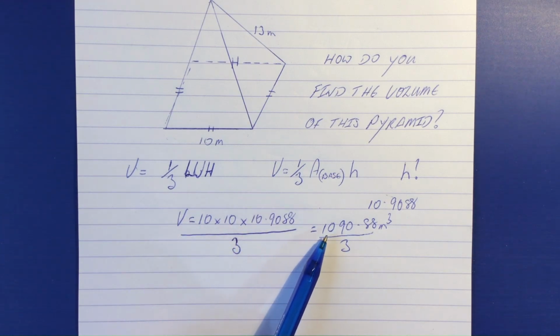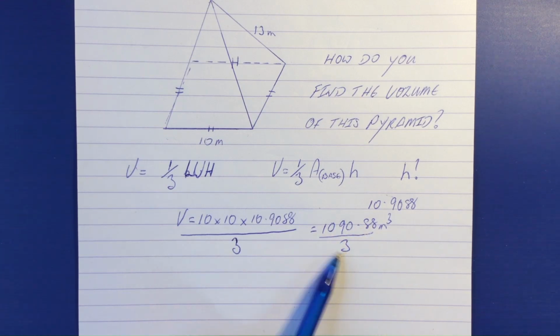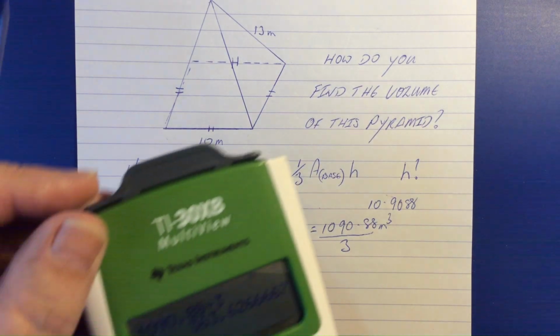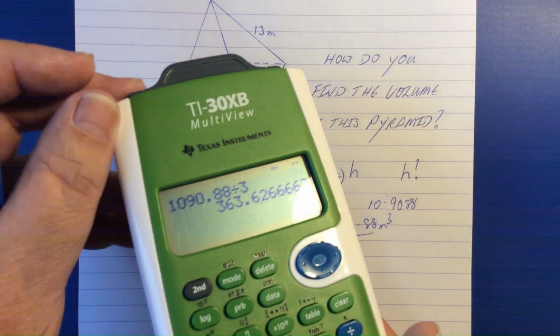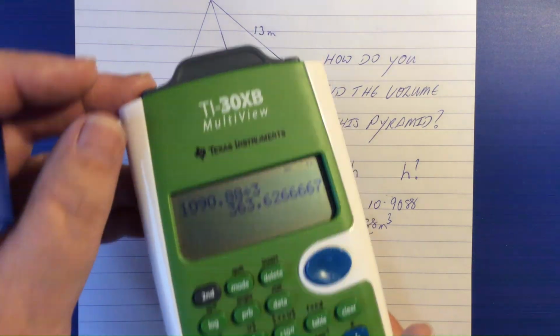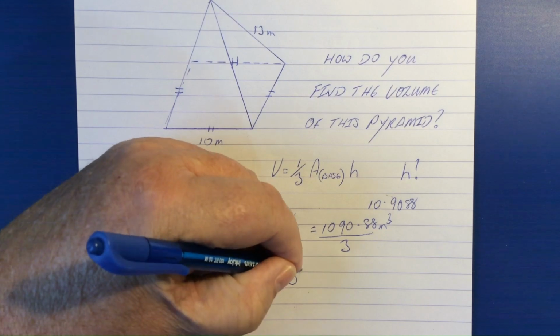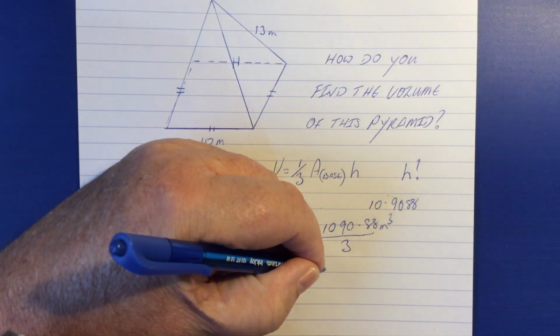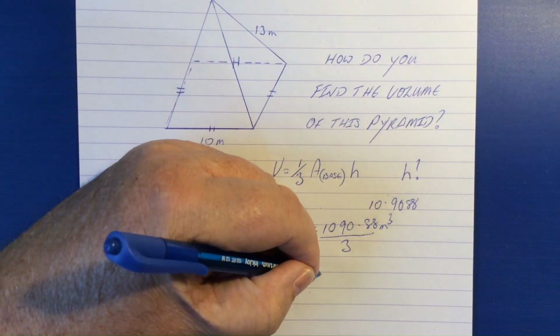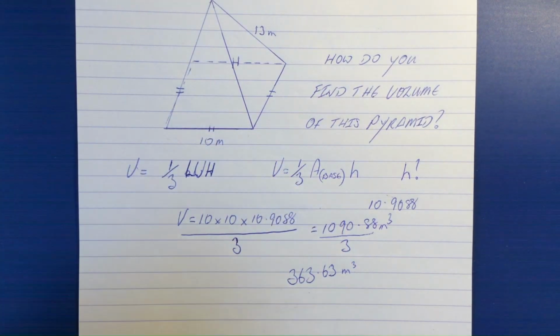It comes to 1090.88 meters cubed on 3. Pop that into the calculator. That's what I get. Can you see that? Just got to work around the lighting here. So that is 363.63, we'll call it, 363.63 meters cubed. And that is finally how this gets done.